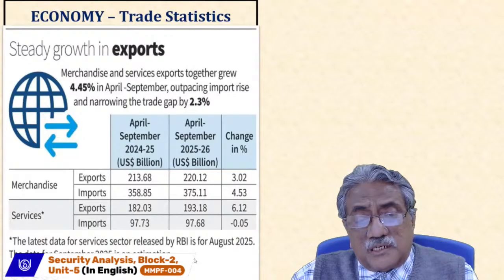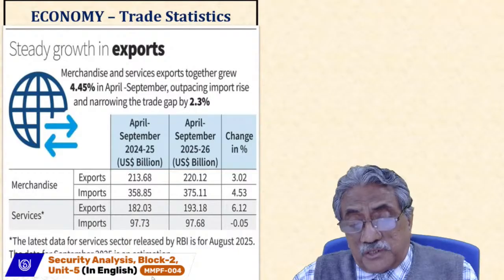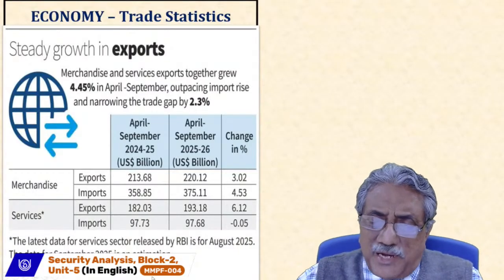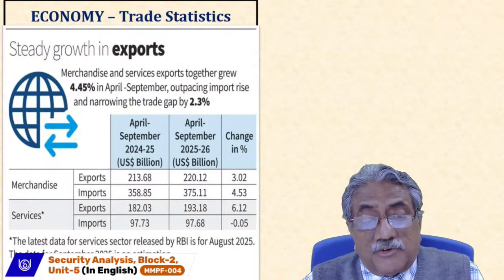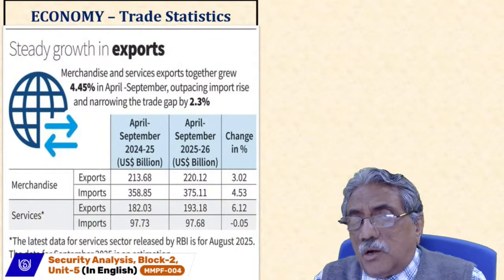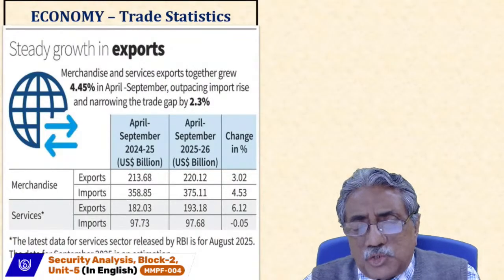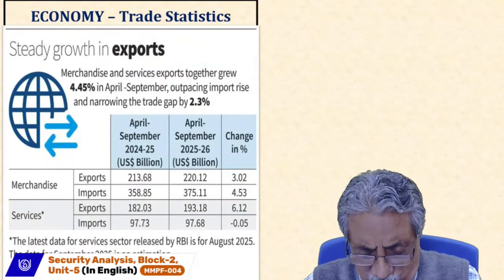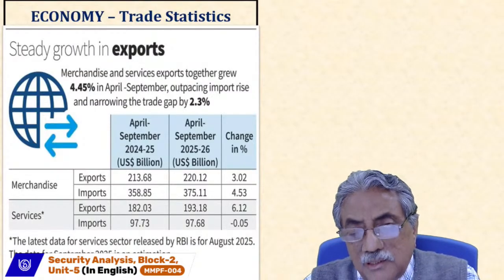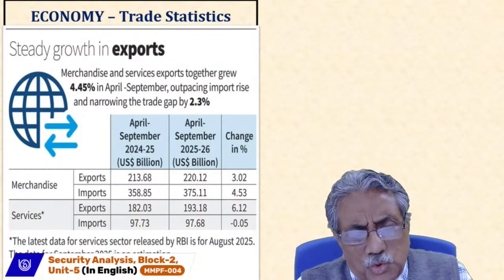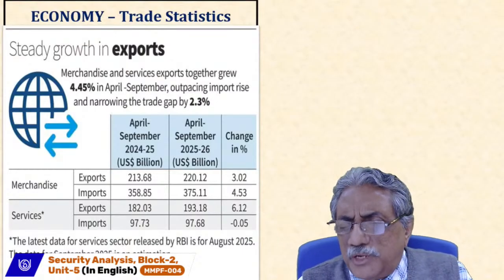Now this data is from RBI for August 25; September 25 is an estimation. So you can always estimate or project the future and try to understand how the economy is going. To sum it up so far, GDP is sound, it is going very well globally, number one. Number two, my inflation is low, so the demand for products will be high.